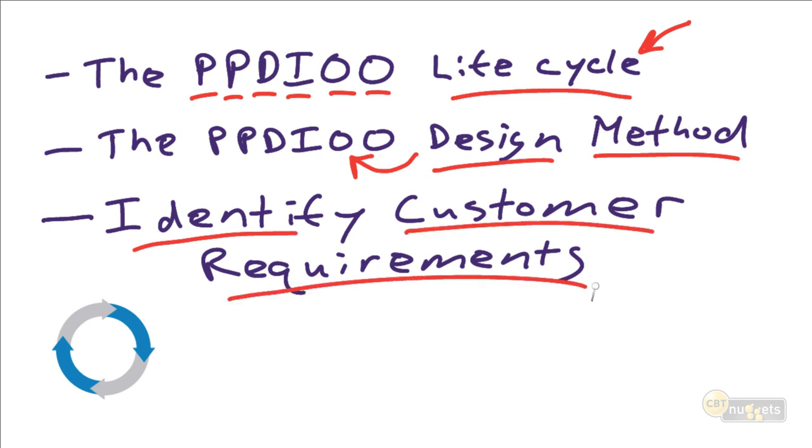Now, remember, this customer might be your boss. So you might be designing a new network infrastructure for your employer. So customer doesn't always mean client in the traditional sense. The customer here could be whoever you're reporting to for this particular network design.